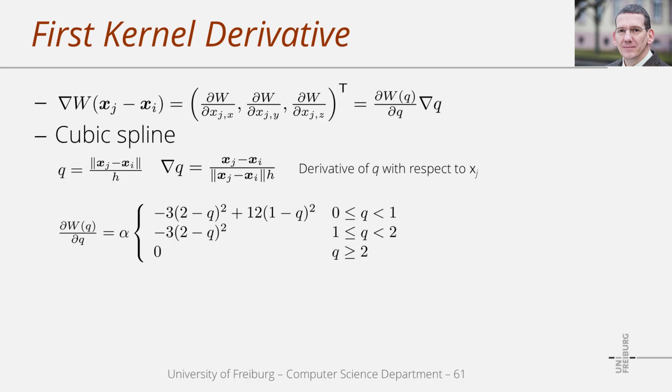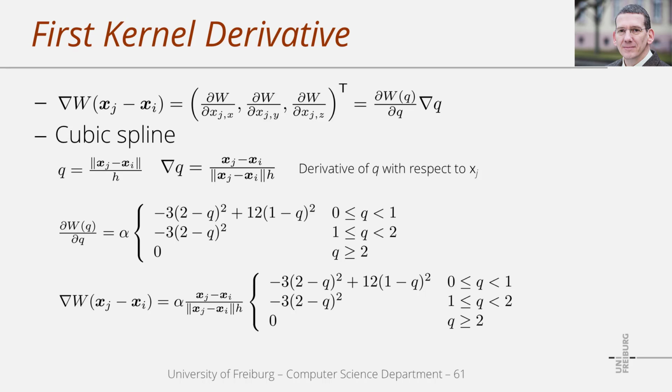From the kernel definition, we can also compute the derivative of w with respect to q as shown here. Finally, the product of the gradient of q with the kernel derivative with respect to q gives the kernel gradient.